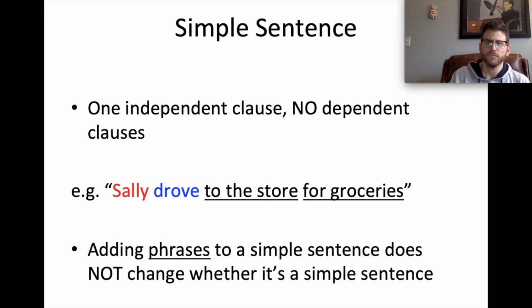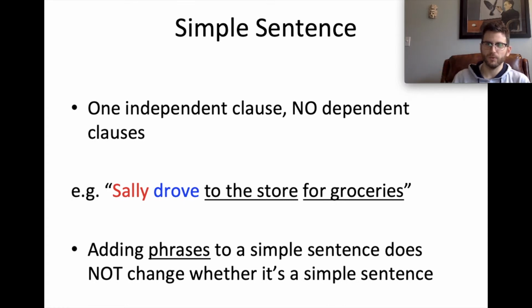Okay, so here's an example of a simple sentence. Sally drove to the store for groceries. What have I done here? In red, you've got Sally, subject. In blue, drove, verb, past tense. To the store, what's that? Remember?